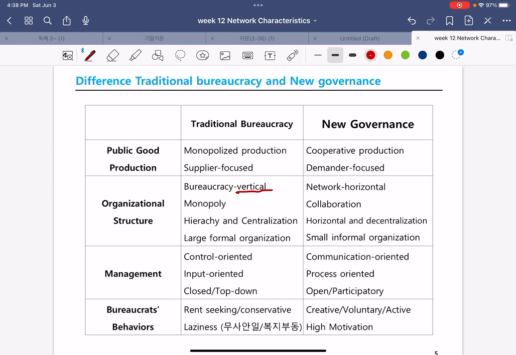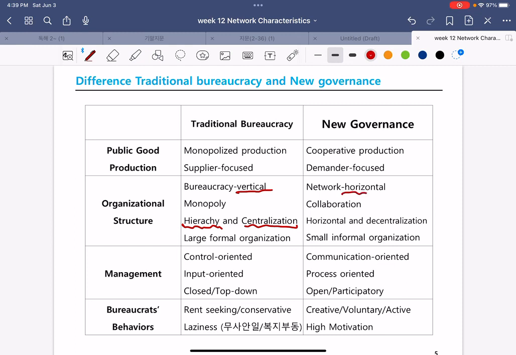The government bureaucracy is based upon hierarchy or centralization, because government bureaucracy is so large that it needs fast communication and command. The government organization needs hierarchy. However, new governance is a little bit slow.